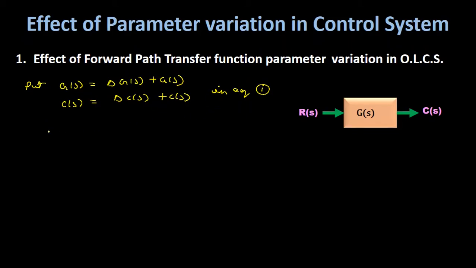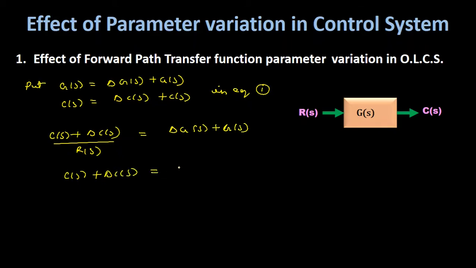Then equation number 1 becomes (C(s) plus del C(s)) by R(s) is equal to G(s) plus del G(s). Now we will multiply R(s) to this term, then we will get C(s) plus del C(s) is equal to del G(s) into R(s) plus G(s) into R(s).